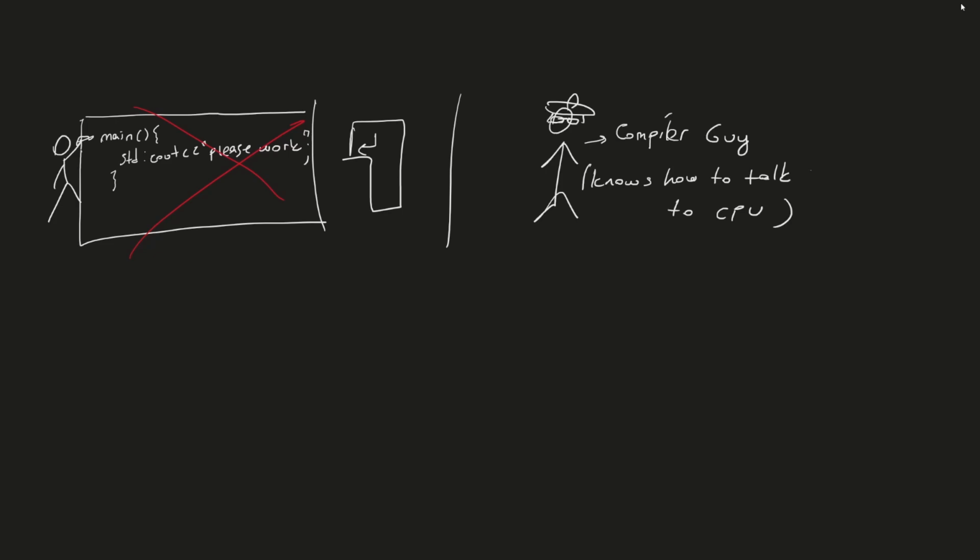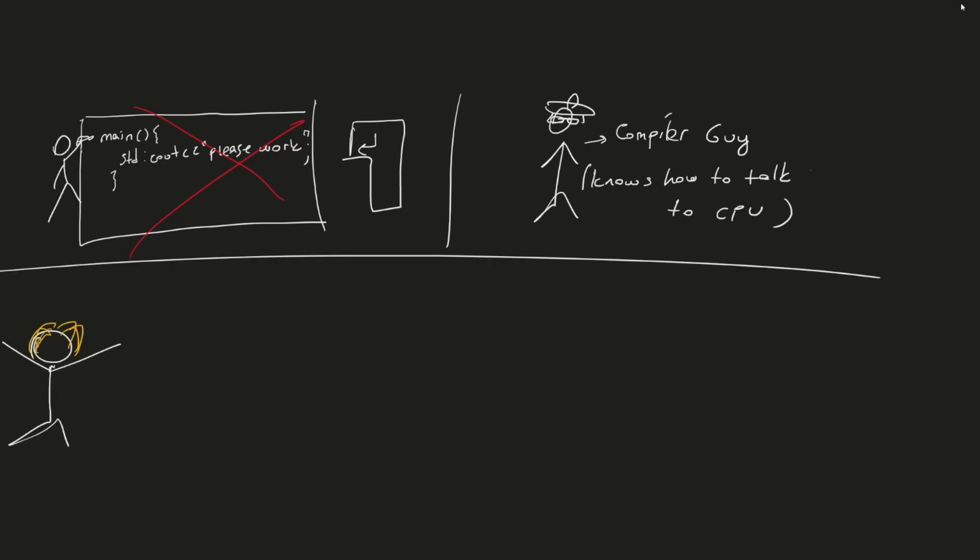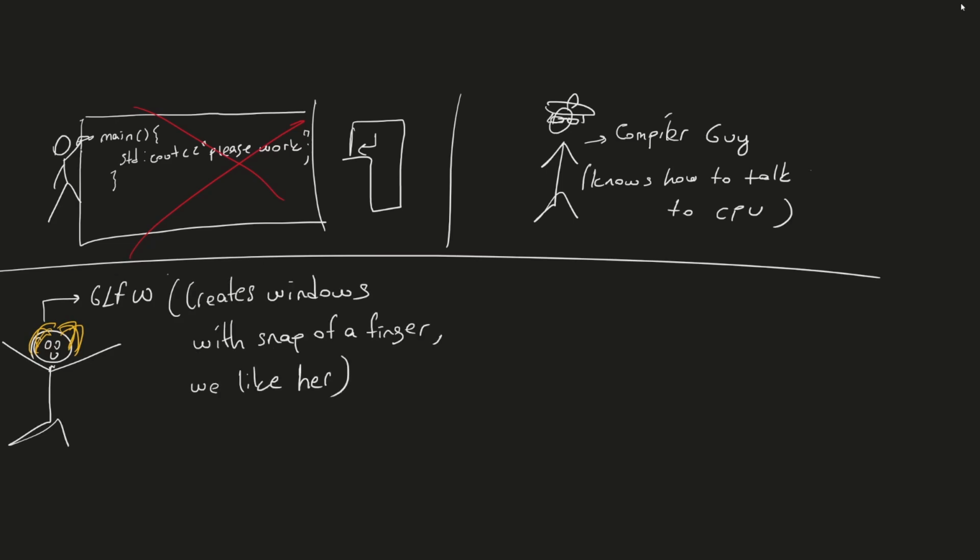Do we have time or knowledge to implement a solution for all these platforms that we want to support just to create a window? No. So we use a third-party library called GLFW. GLFW will not only provide us platform-agnostic window creation functions, it will also offer us some callbacks and methods to listen to user inputs or window size change. So it's good. We like GLFW.